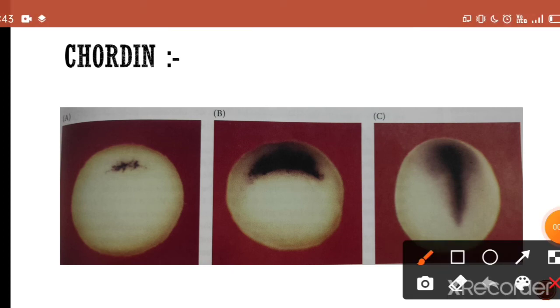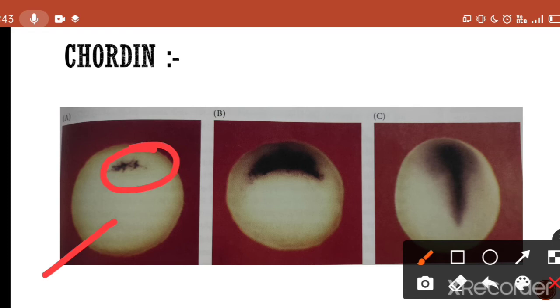This is the picture that shows the chordin mRNA localization, and this in situ hybridization shows the concentration of chordin prior to gastrulation in the dark area.